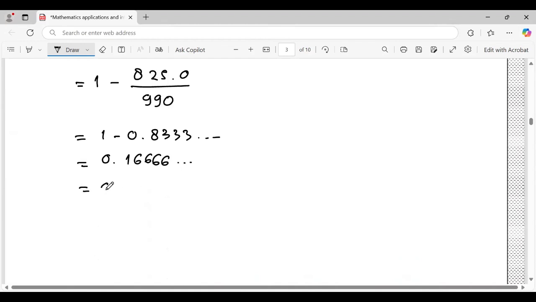And it is 0.167. So this is the value of RS, the Spearman rank correlation coefficient. The next question.